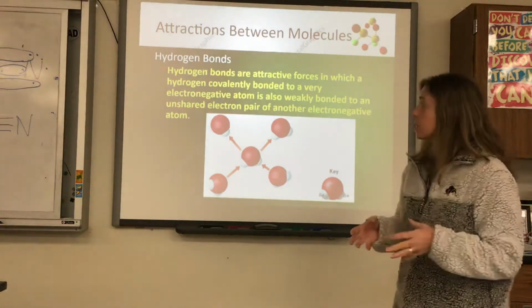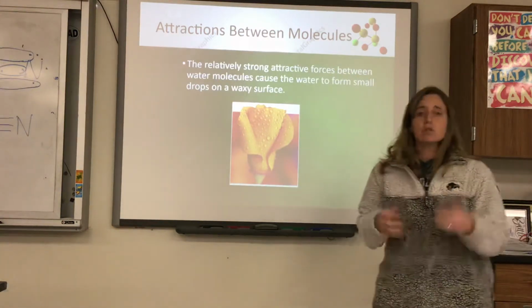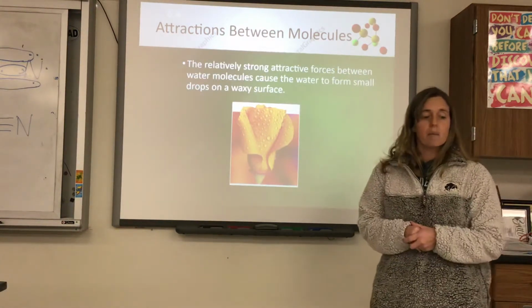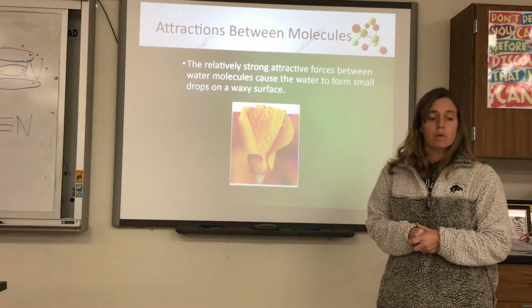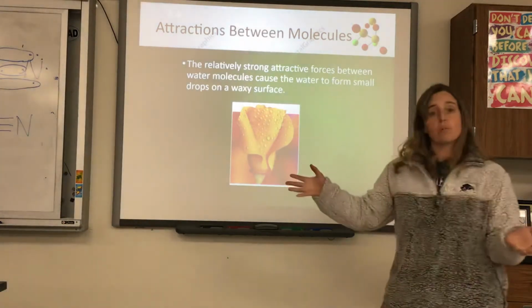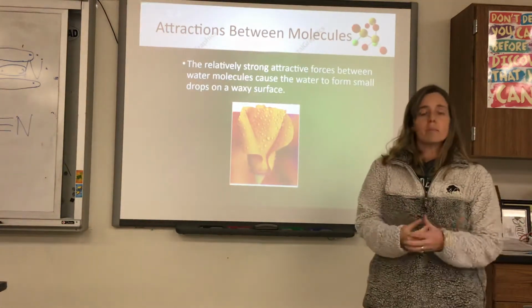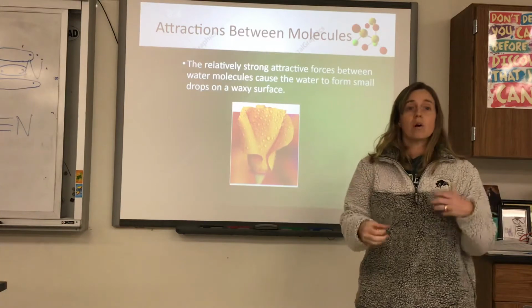And this is actually what forms water. So the relatively strong attractive forces between water molecules cause the water to form small drops on a waxy surface. If you ever see dew in the morning, you'll notice these water droplets, and that's where the droplets are originating from.